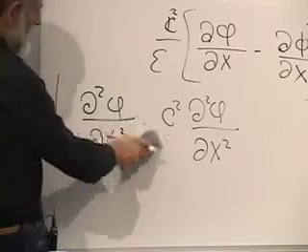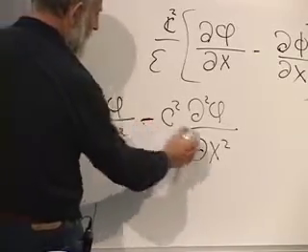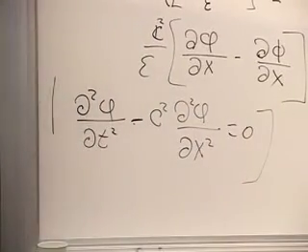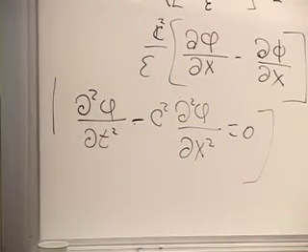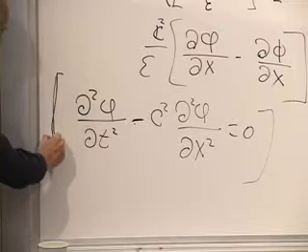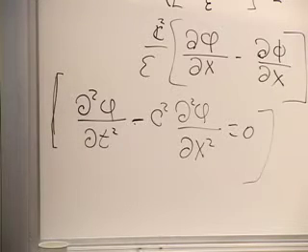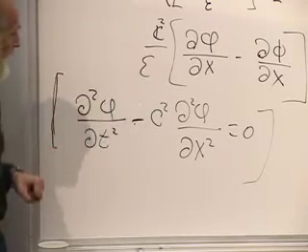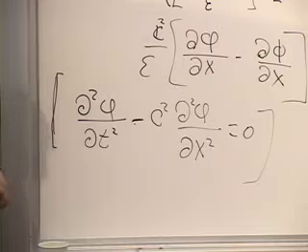Or let's write it this way. I like to write things which are equal to 0. The second derivative of phi with respect to time minus c squared times the second derivative of phi with respect to x is equal to 0.